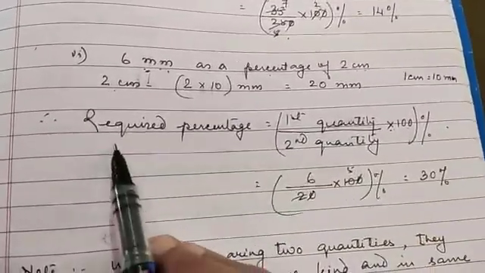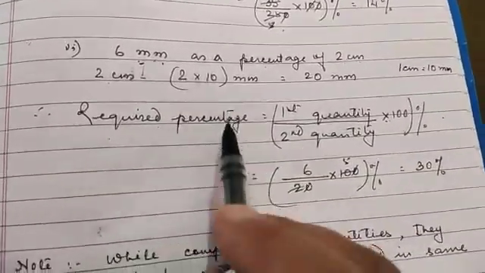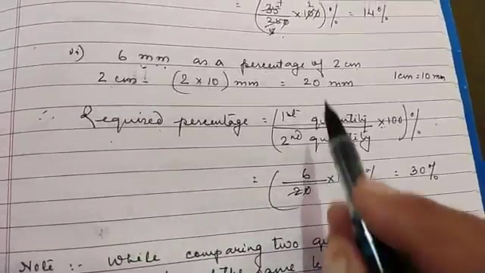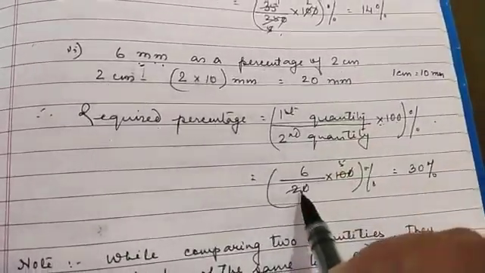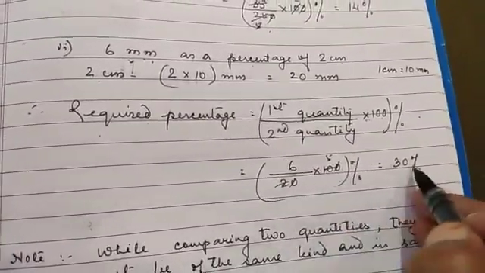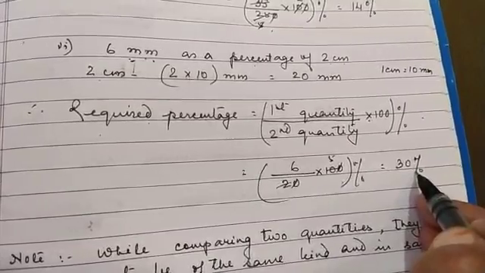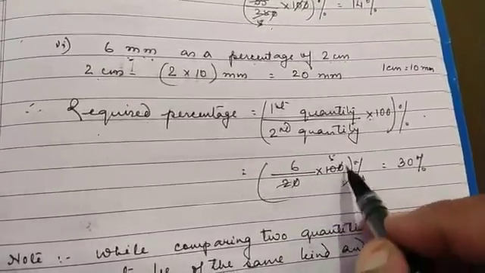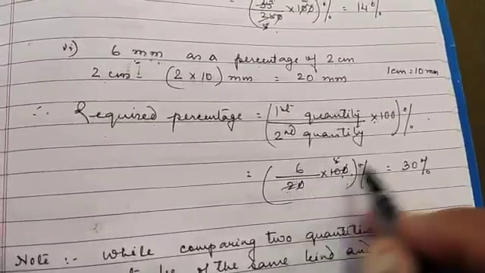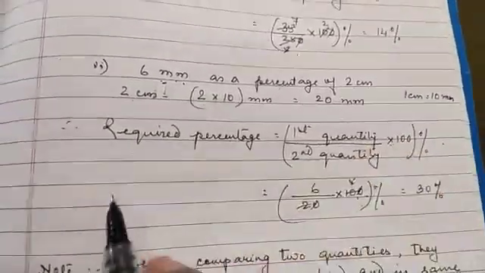Then what is going to be the required percentage? The required percentage is first quantity, that is 6, by second quantity, that is 20, into 100%, reducing got 30%. Okay, 20s are 100, so 5 into 6 is 30%.